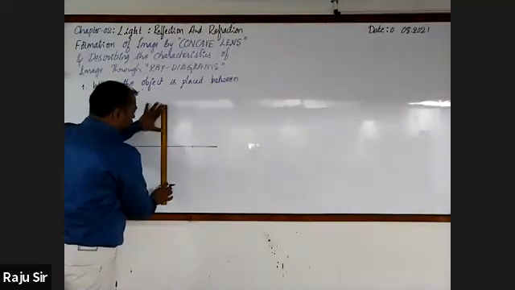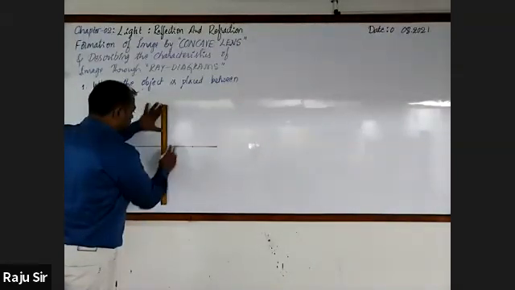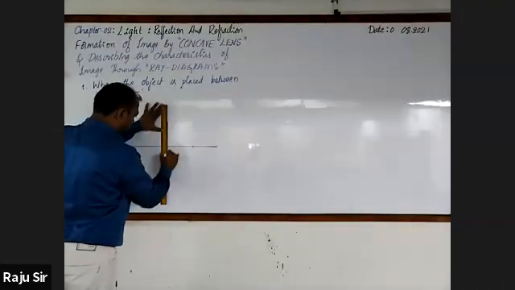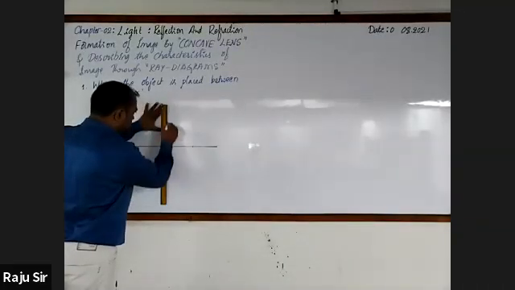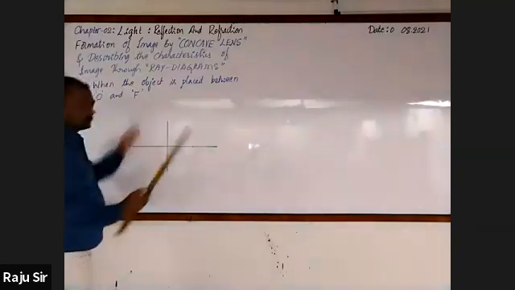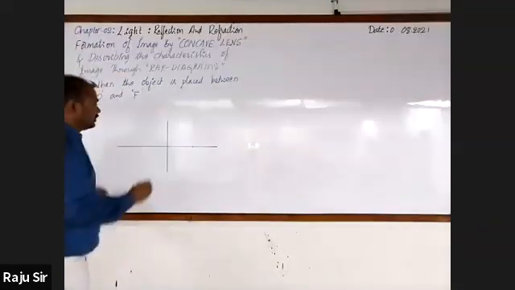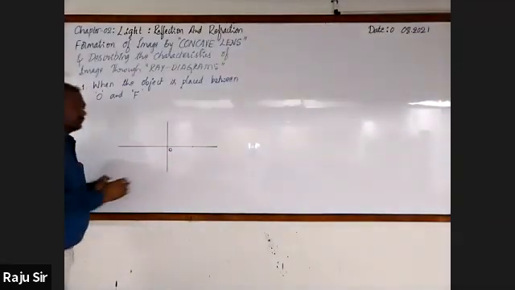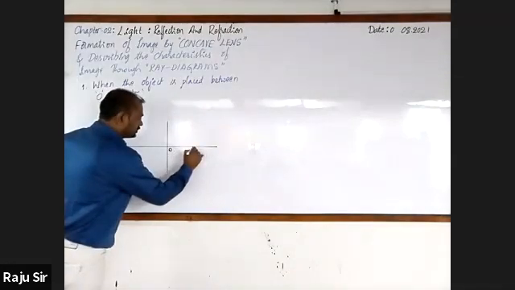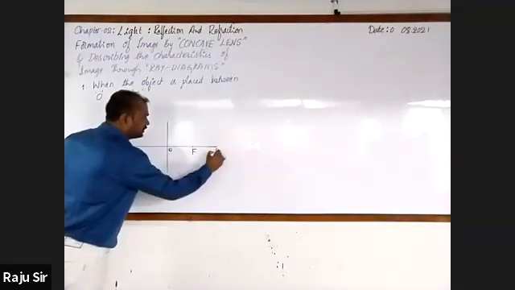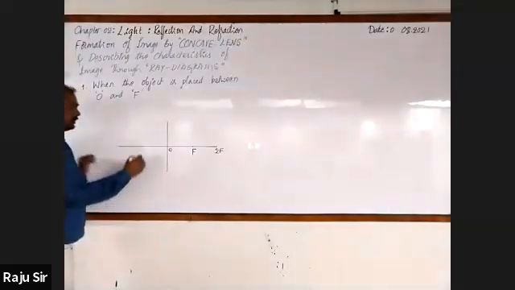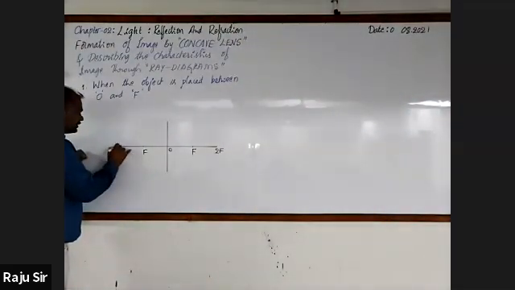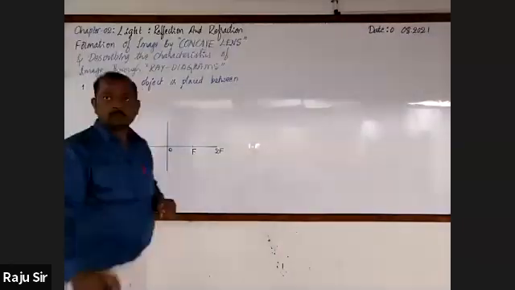Then draw a perpendicular at the midpoint. Next, mark the points. This is optical center, and this is first principal focus. This is second principal focus. And here, first principal focus, and this is second principal focus.